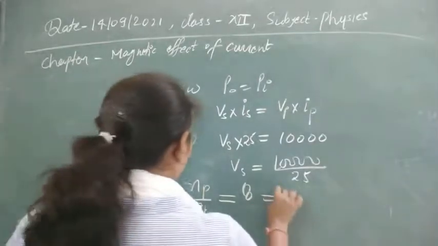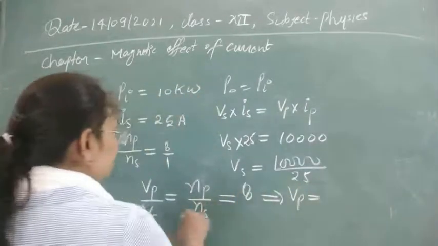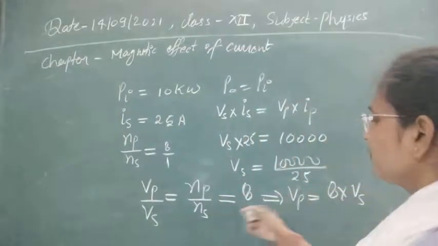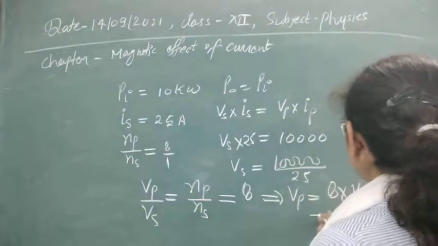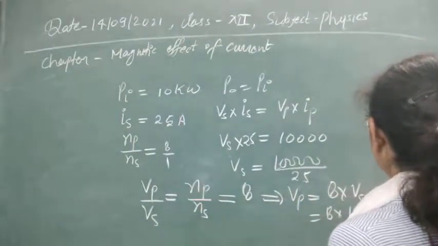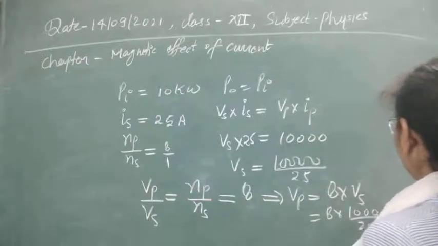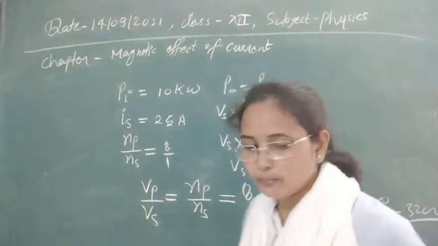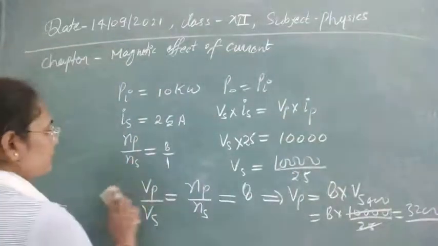So we can calculate Vp, the primary potential, using 8 times Vs. Vs is the secondary potential, which has a value of 10,000 by 25. If you solve this equation, you will find the final answer. Dividing this, we get 400, and 8 times 400 is 3200 volt. This is the primary potential that is applied across the transformer.